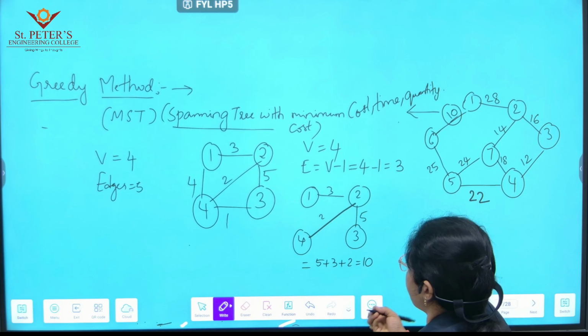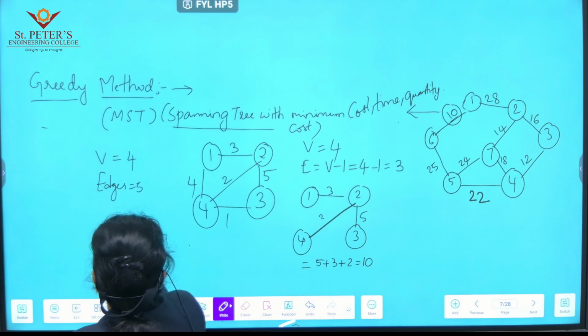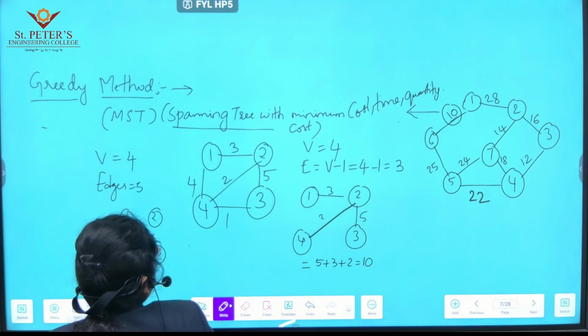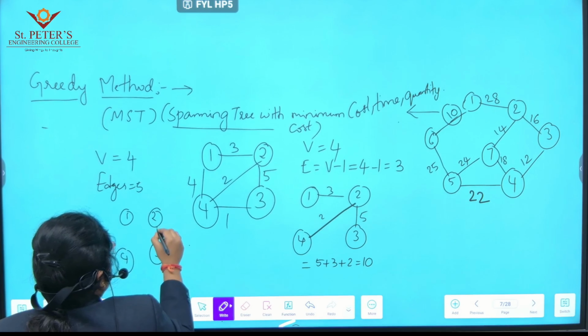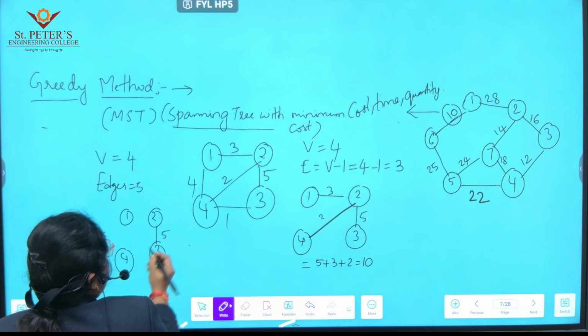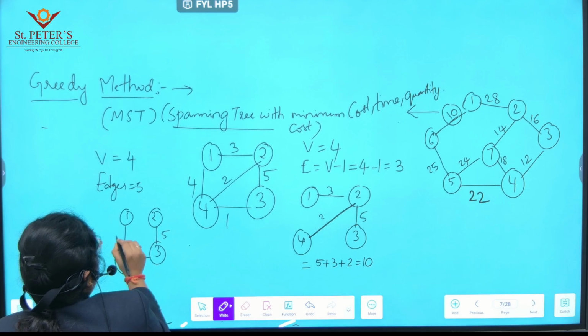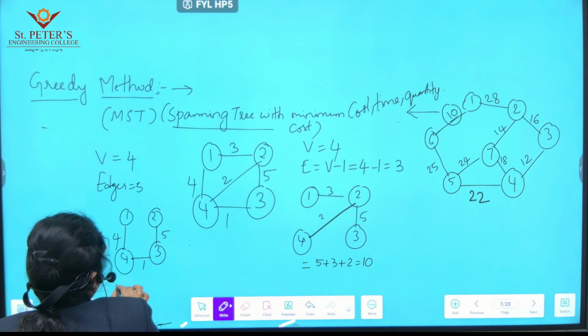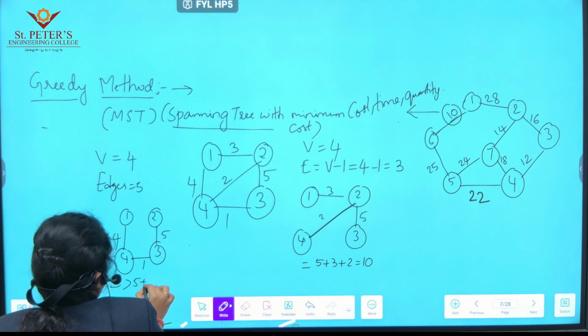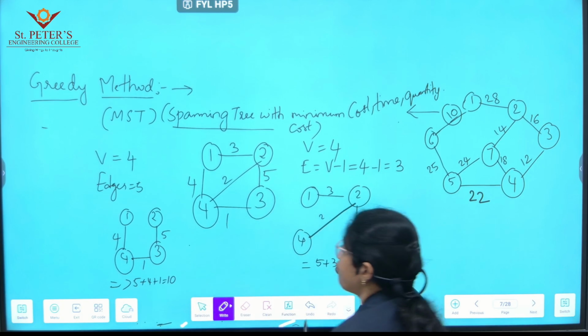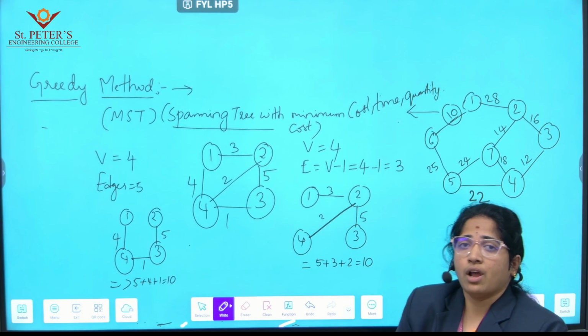Next possibility. What is the next possibility? Now I will consider from 2 to 3 cost 5, 3 to 4 cost 1, and 1 to 4 cost 4. What is the cost here? 5 plus 4 plus 1, the cost is 10. Next I will search; the number of spanning trees will depend on the graph.